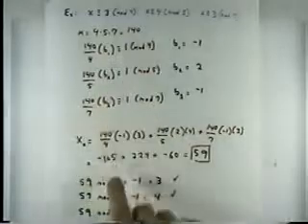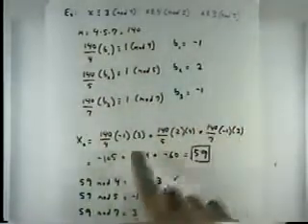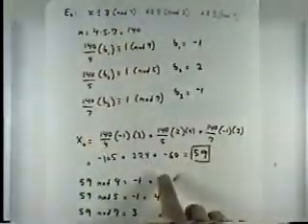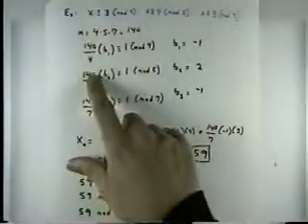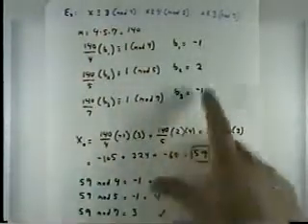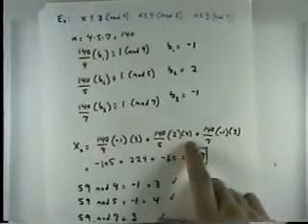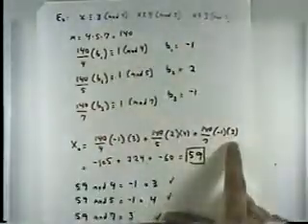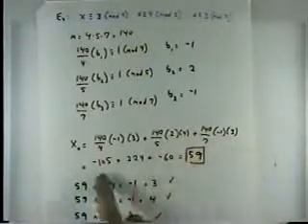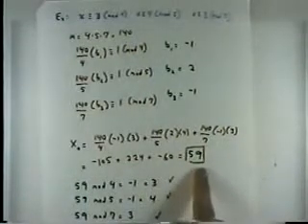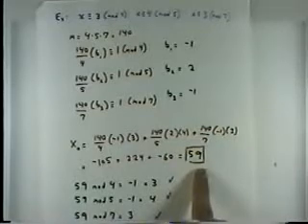I get m over m1 times b1 times a1 plus m over m2 times b2 times a2 plus what I'll call m over m3 times b3 times a3. If we multiply that out and add it up, we get a solution of 59. Okay, 59 I claim is congruent.